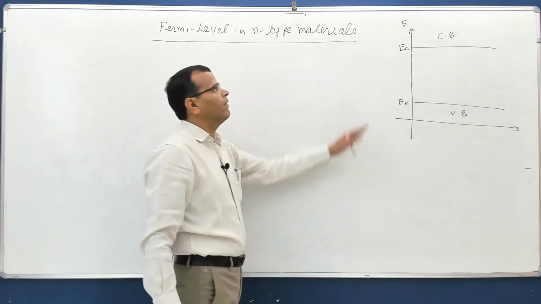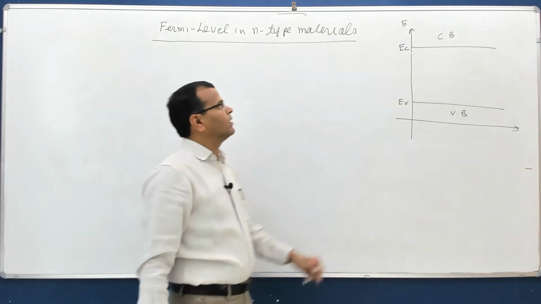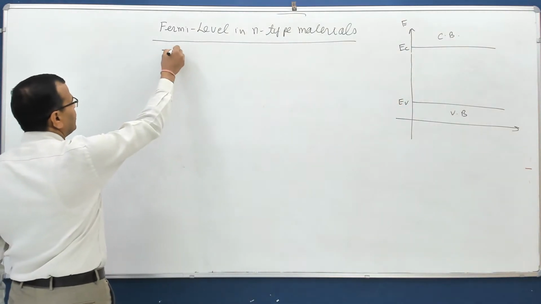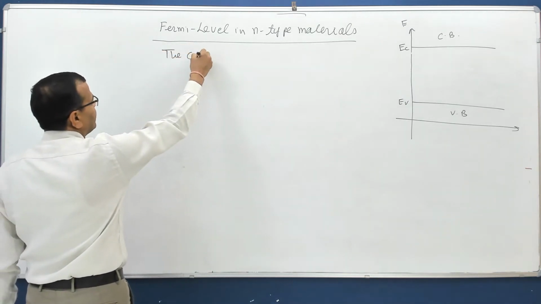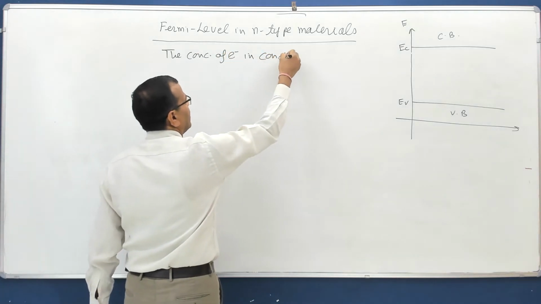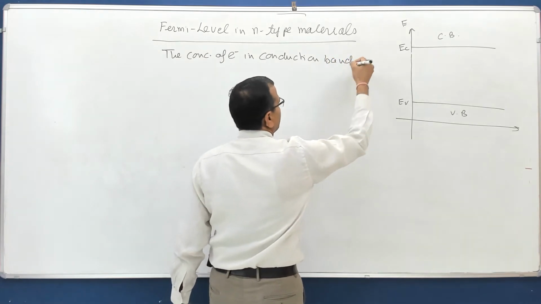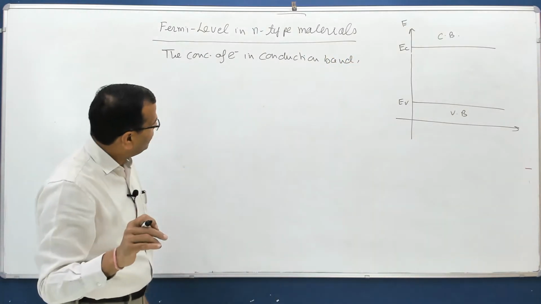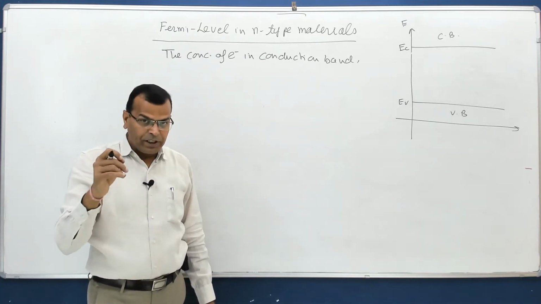We will see the Fermi level in case of the N-type materials. For the concentration, I will start the topic, the concentration of electrons in conduction band is given by, remember this expression, I have derived this expression in case of Fermi level in intrinsic semiconductors.